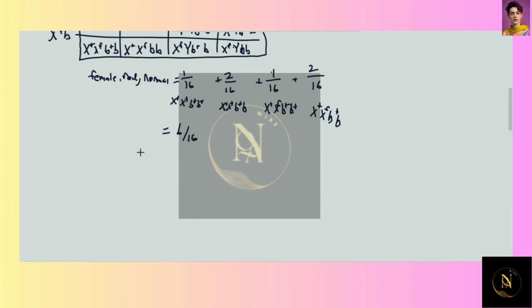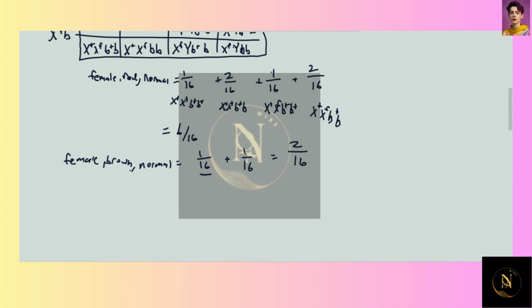So then we also have female, brown eyes, and normal bristles. This is 1/16 plus 1/16, and that'll give us 2/16.